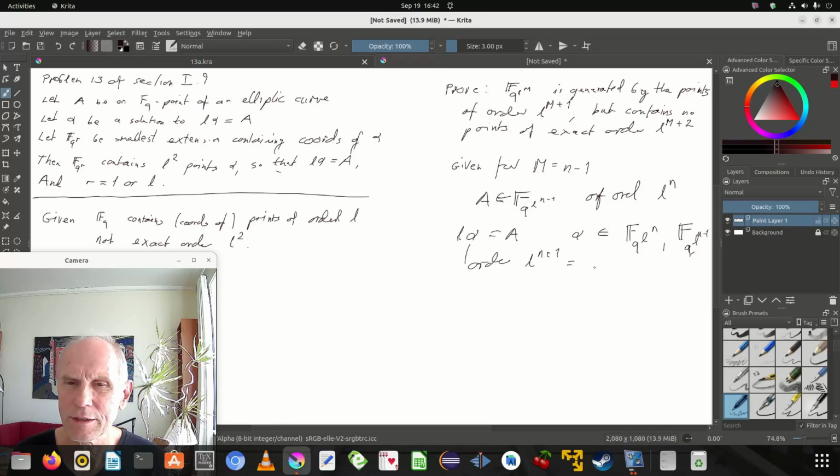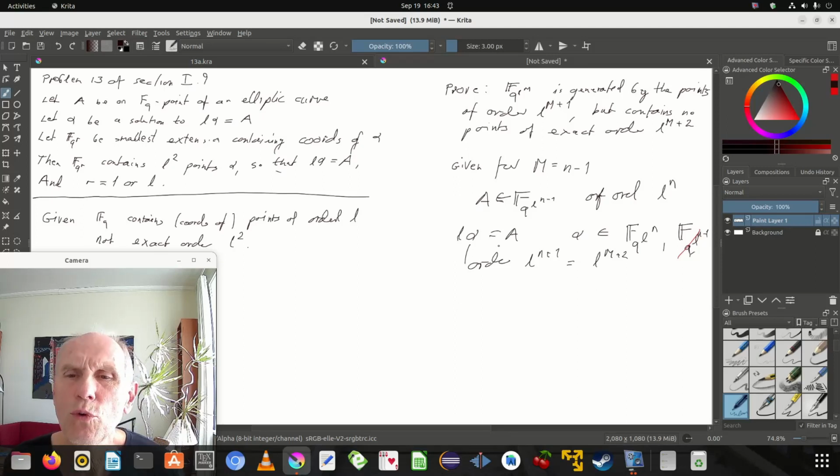And that means that this is impossible. N plus 1, that's n plus 2. So this case is impossible. I thought that would take a little more. No, it must be an extension field, that's what it says. So that's fine, it must be an extension field.